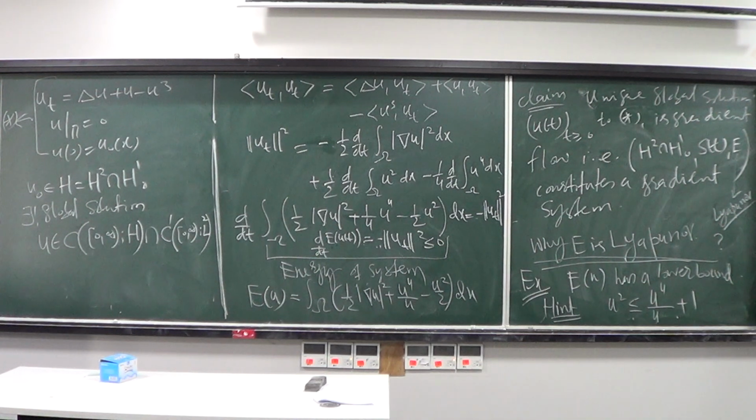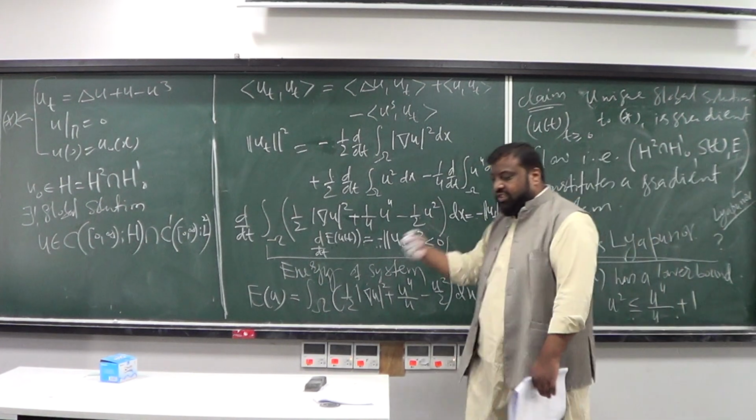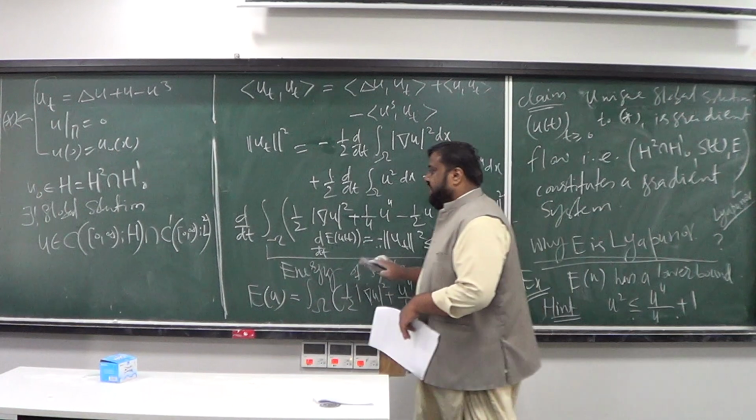So what remains to prove is that this triplet is a gradient system, that is, the two conditions of the definition of the gradient system.